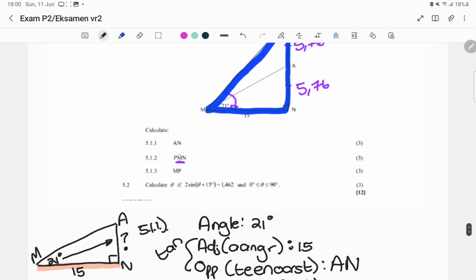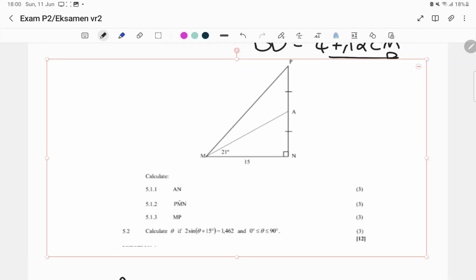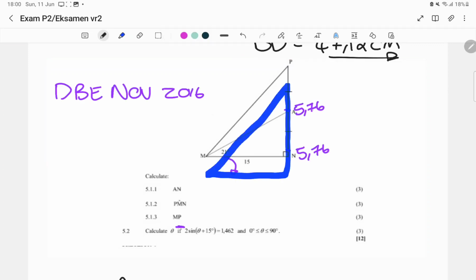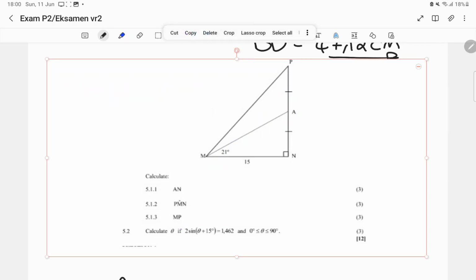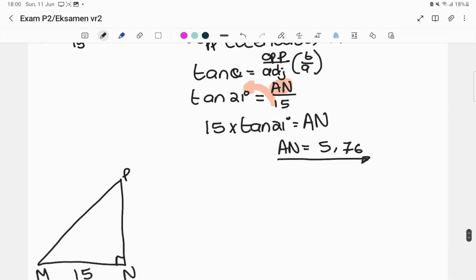I have BN, which I can also calculate because I know that the whole side is those two sides added together, so it will be 11.52.